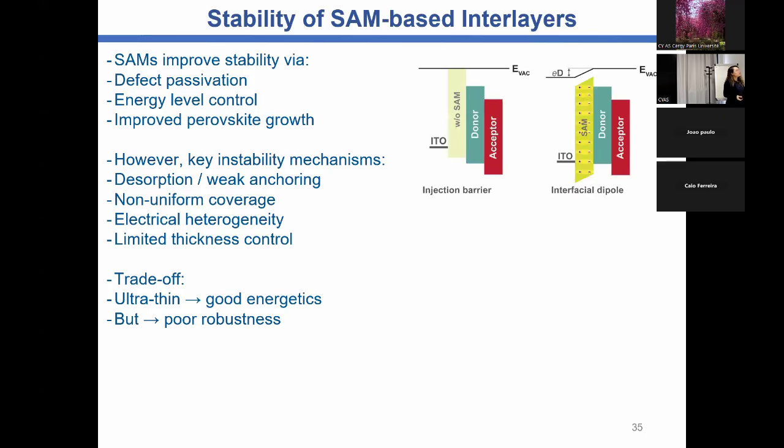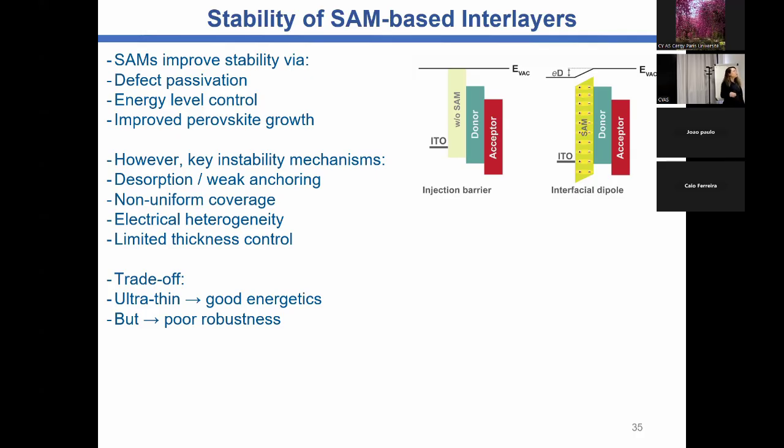The self-assembled monolayer I just put here in terms of what I see in the literature, but it was very fast. I didn't go deep into the self-assembled monolayer. But in terms of stability, they can do defect passivation. So if you have some defect, you can fill this defect with this self-assembled monolayer.